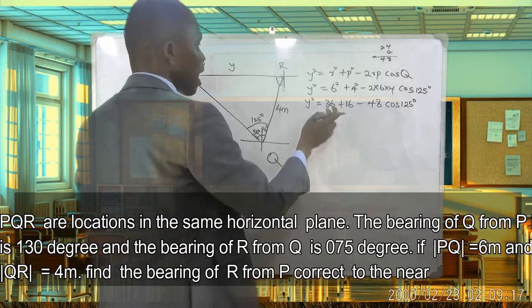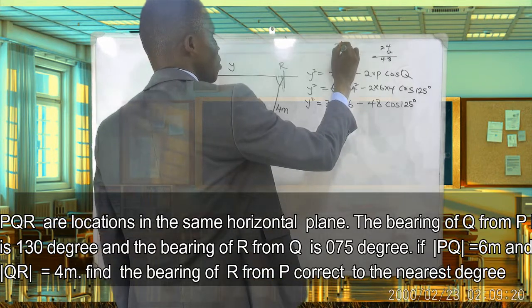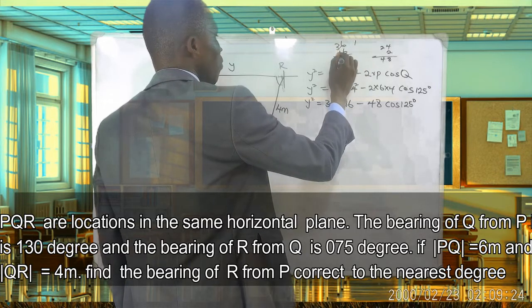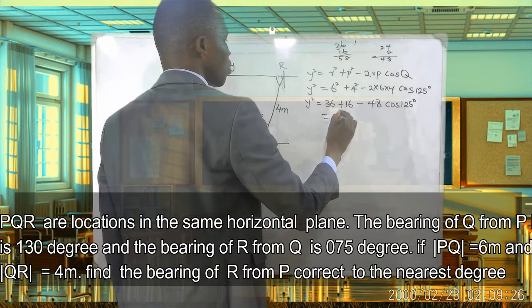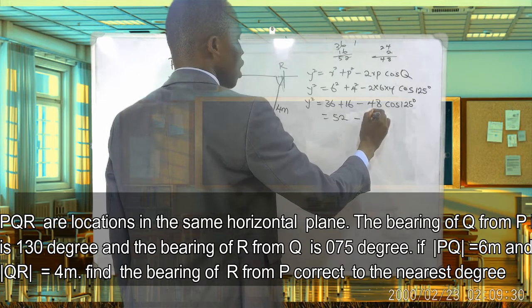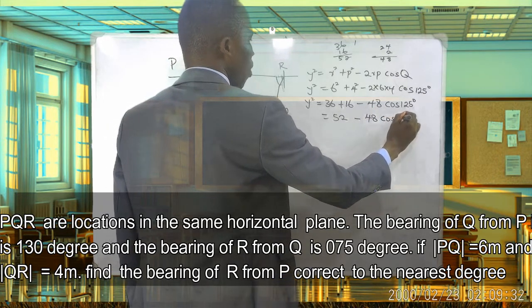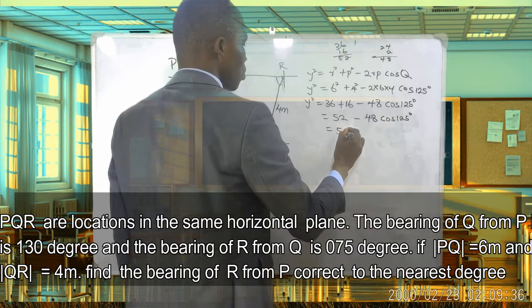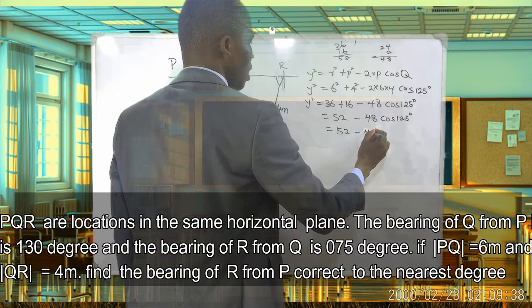Now let's add this together. 36 plus 16 is 52. So this will give us 52 minus 48 cos 125 degrees.